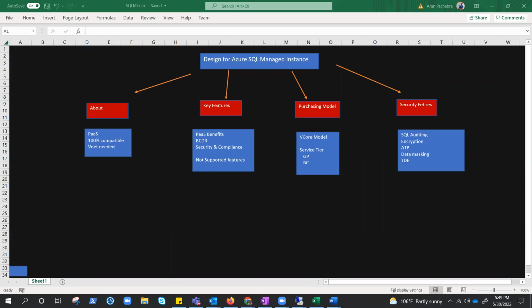We'll talk about a generalized idea of what Azure SQL MI is. A lot is already covered in the previous one. Then we'll talk about some key features, the purchasing model, and some security features. All right, so let's start with the about.